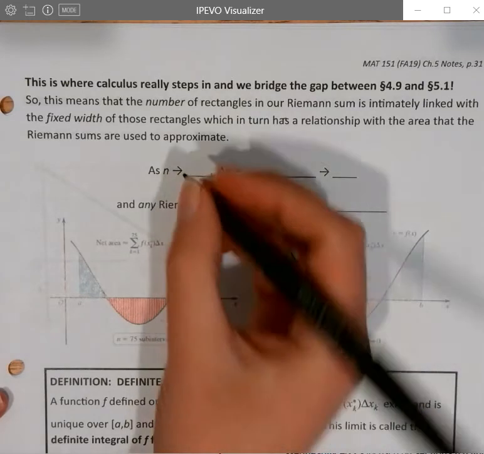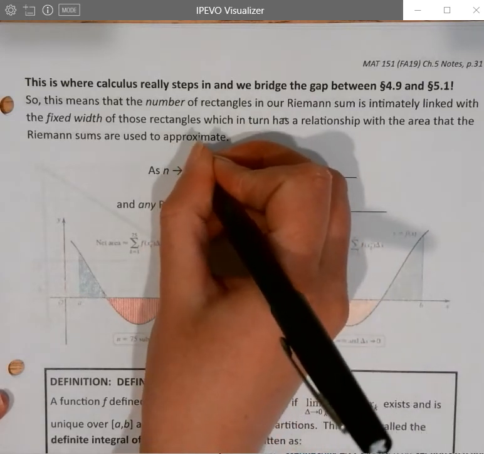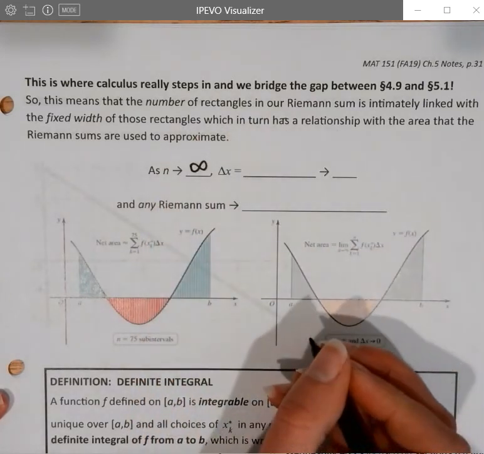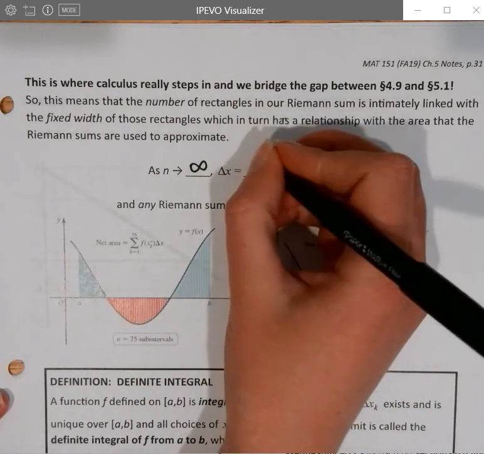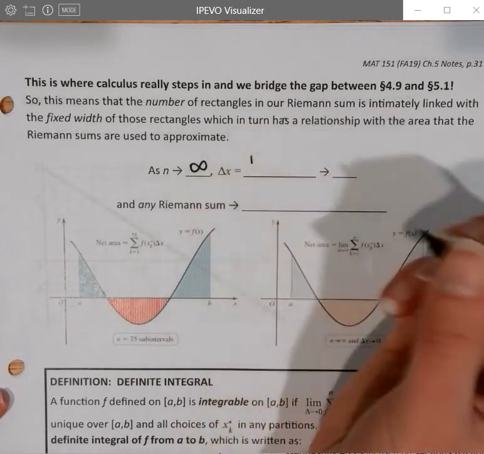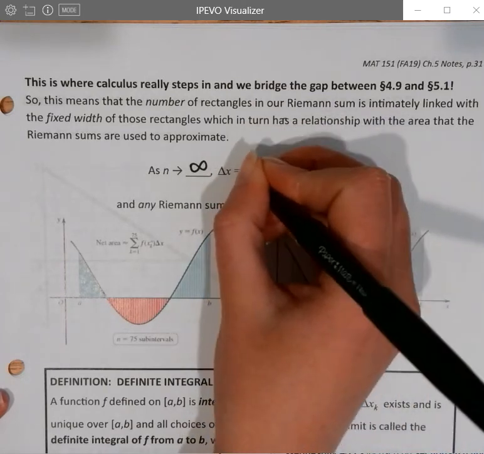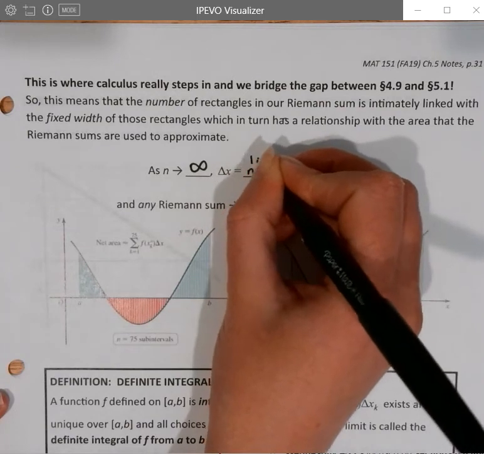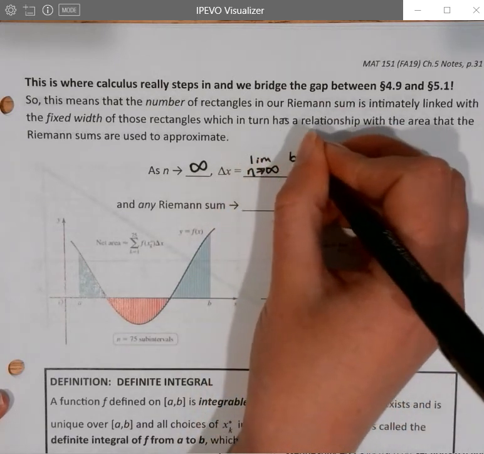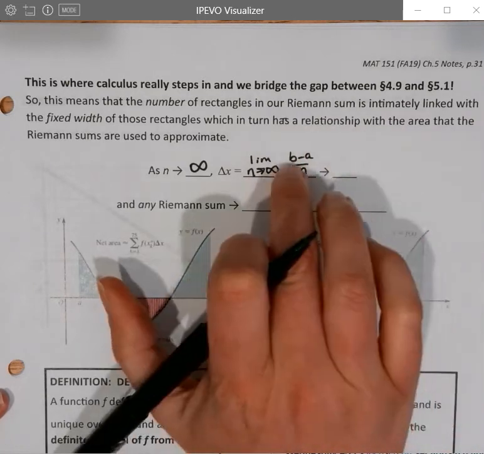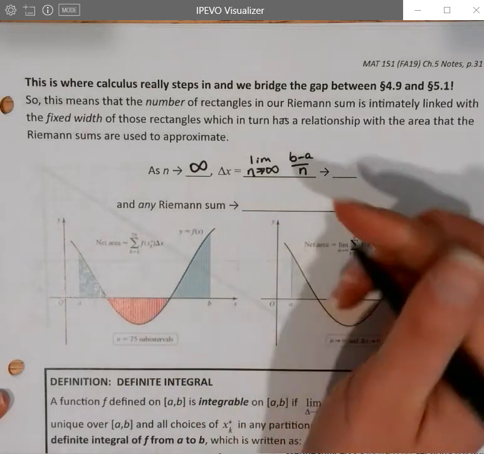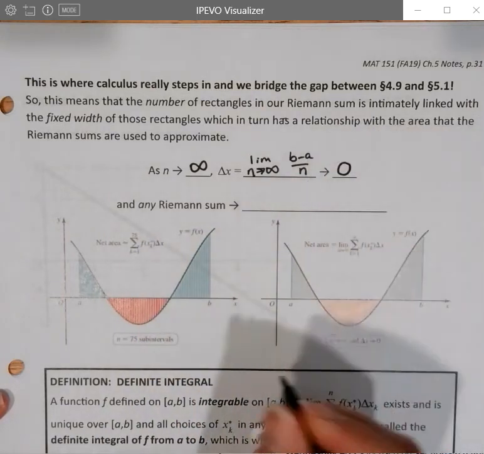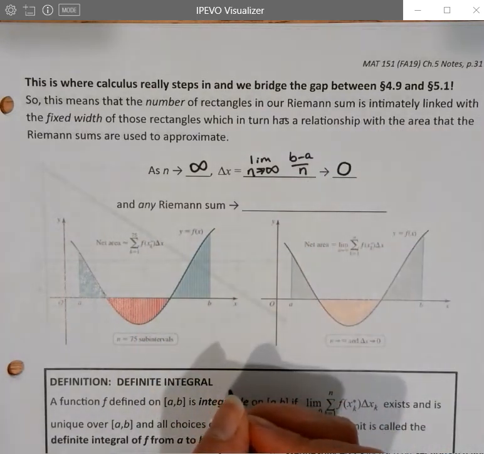So as n, the number of rectangles, approaches infinity, delta x, which is (b minus a) over n, is going to be the limit as n approaches infinity of (b minus a) over n. That's a constant on top, b minus a. And so n gets infinitely large. So as the denominator gets infinitely large, delta x itself is going to 0, because it's got a constant on the top and an infinitely large value in the denominator.